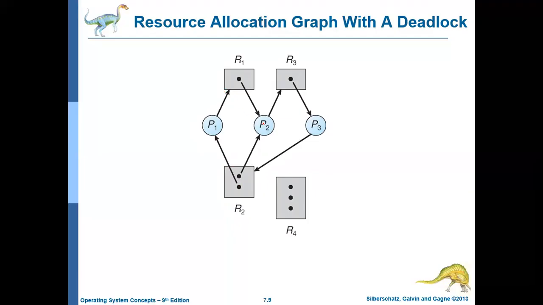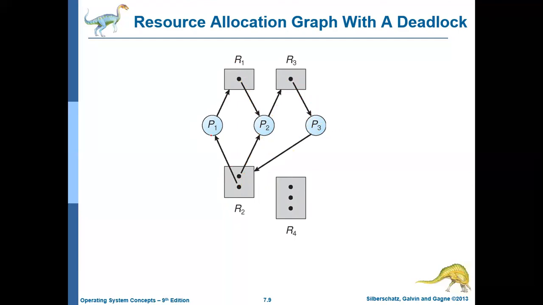P2 is holding one instance of R2 and the one instance of R1, and it is waiting for R3. P3 is holding one instance of R3 and it is waiting for R2.